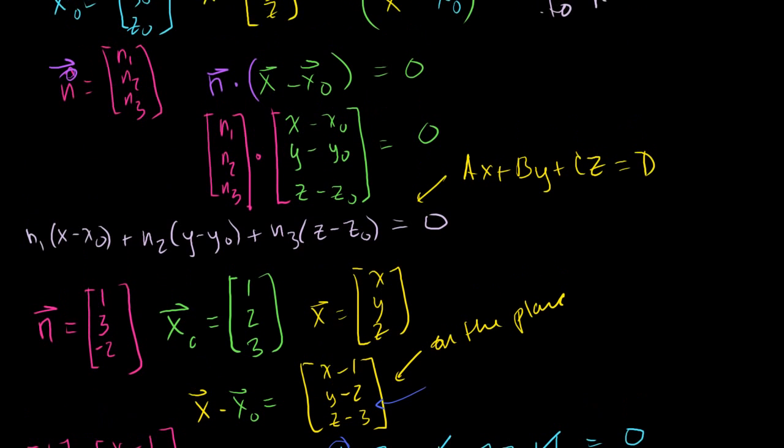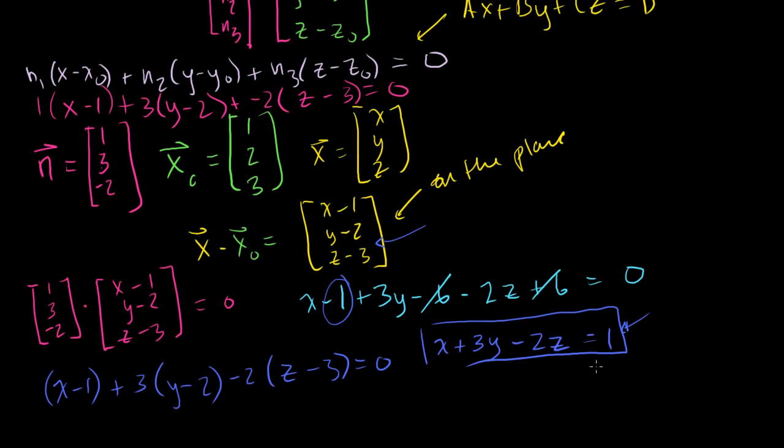You could have just used this formula: n1, which is 1, times x minus x naught, so x minus 1, plus n2, 3 times y minus 2, plus minus 2 times z minus 3 is equal to 0. Then with a little bit of algebra, you would have gotten there.